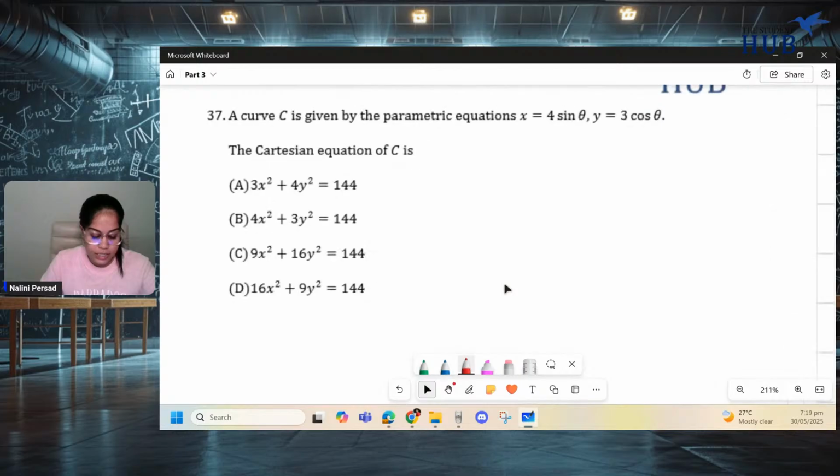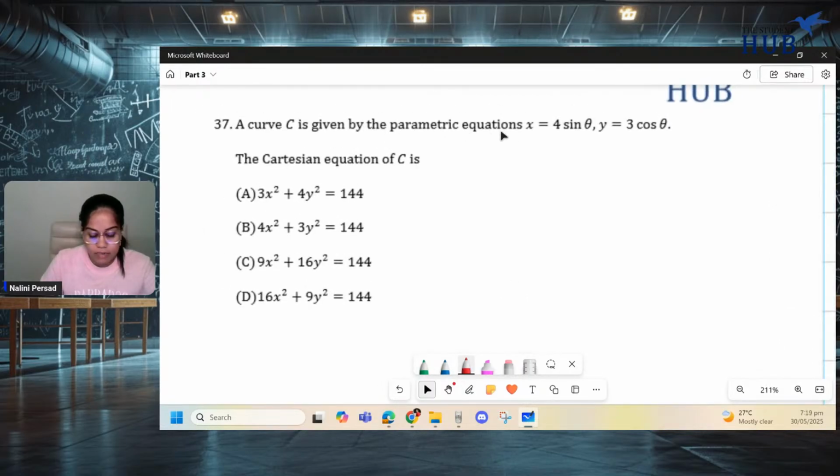Niceness. Question 37. A curve C is given by these 2 parametric equations. What is the Cartesian? So if I were to make sine theta the subject, it will be x over 4 is equal to sine theta. Y divided by 3 is equal to cos theta.